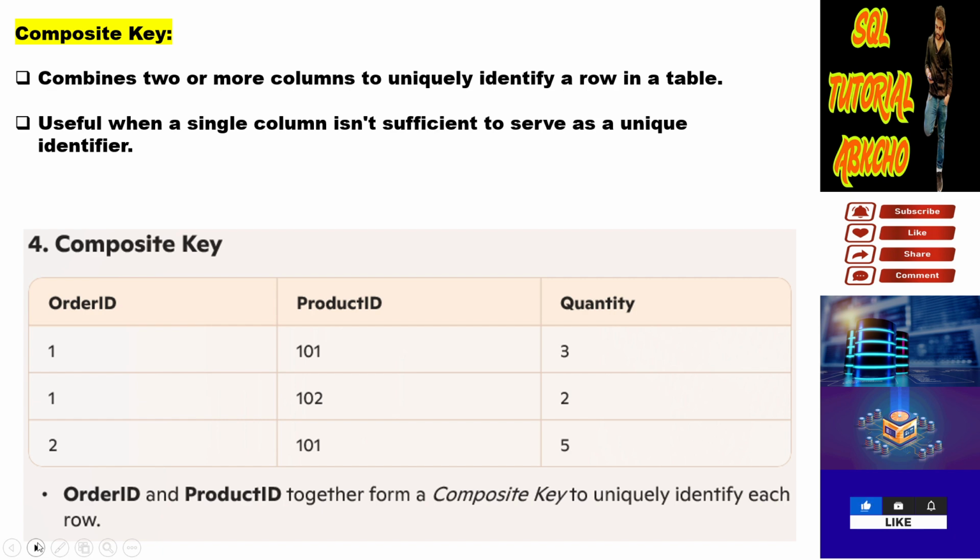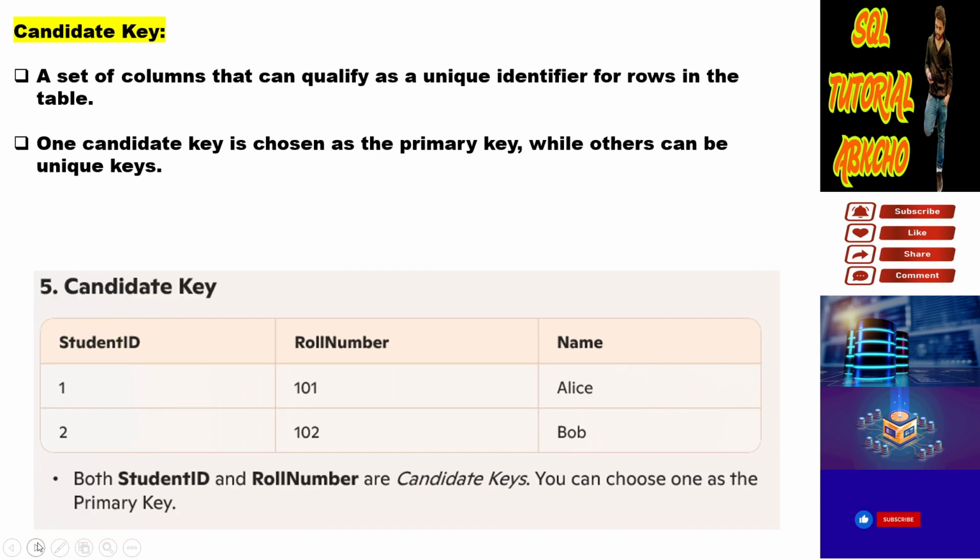Now, next one we have the candidate key. A candidate key is a set of columns that can qualify as a unique identifier for rows in the table. One candidate key is chosen as the primary key while others can be unique keys. If we have multiple columns that uniquely identify the rows of a table, then those columns are called candidate keys, and among those candidate keys one column is considered the primary key.